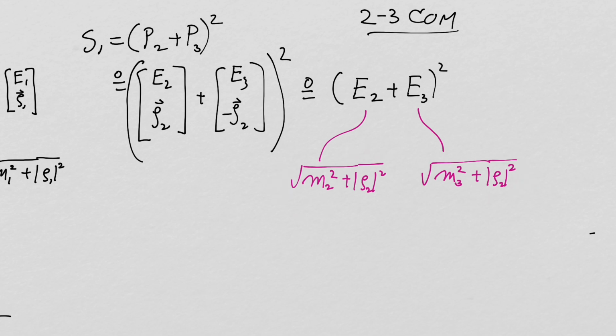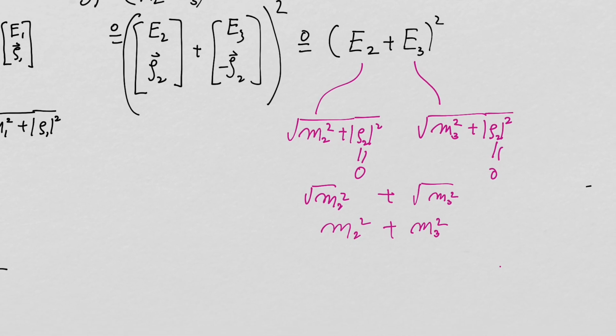Now I look at these two expressions and I say, well, if the momentum of particle 2 is equal to 0, then the momentum here is equal to 0. And this becomes the square root of m2 squared plus the square root of m3 squared. I'm sorry, no, the square roots got rid of the squares, so it's just m2 plus m3.